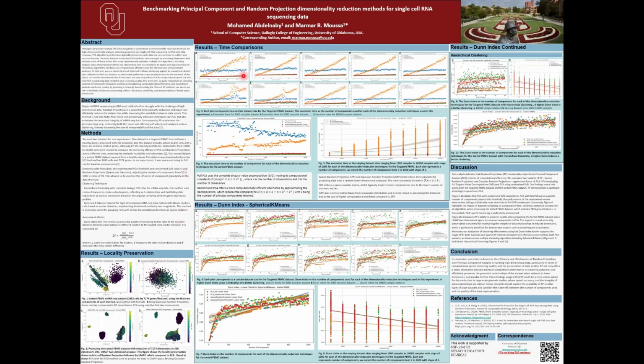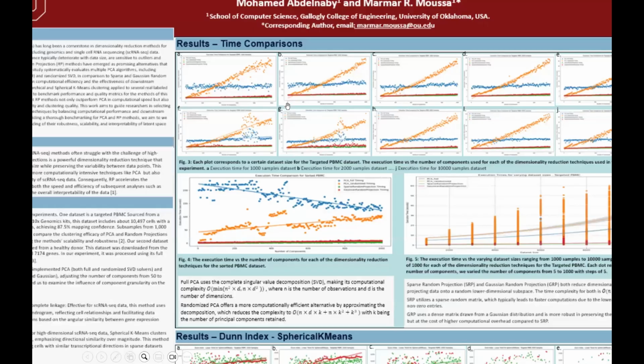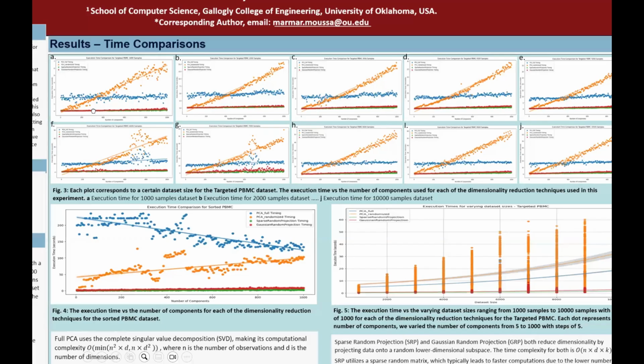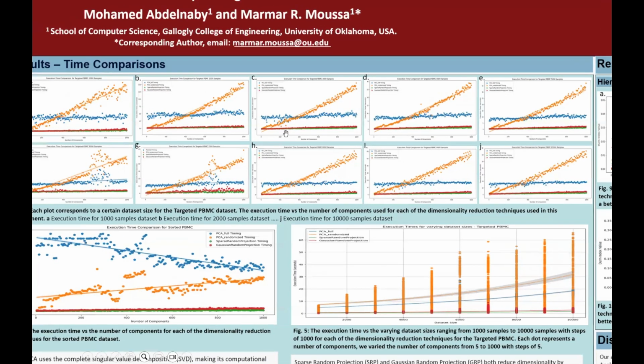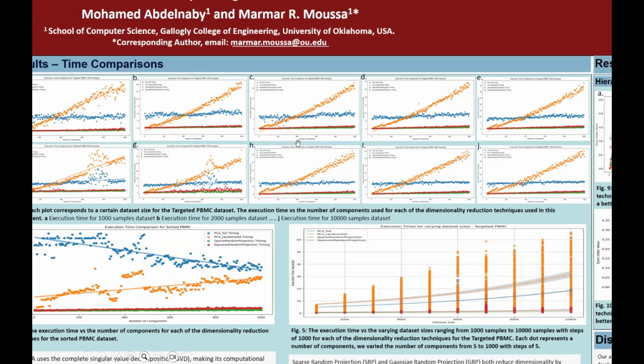In terms of the time complexity, figure 3 shows all these plots right here. Each of these plots comes from the same dataset. The only difference is that we varied the number of data points in this dataset.